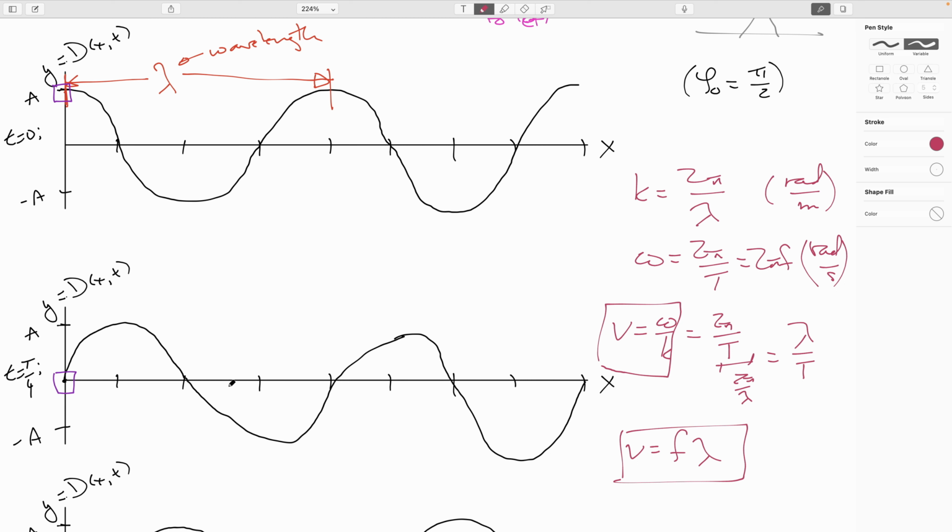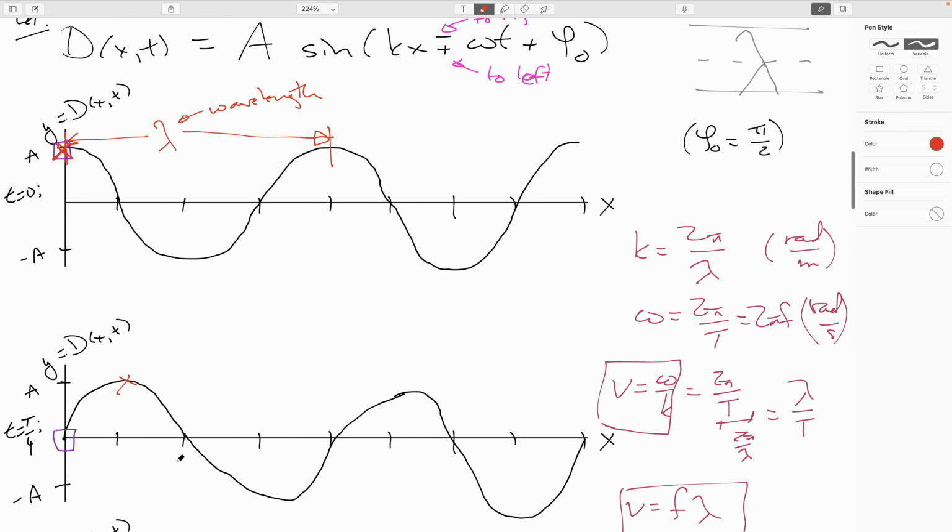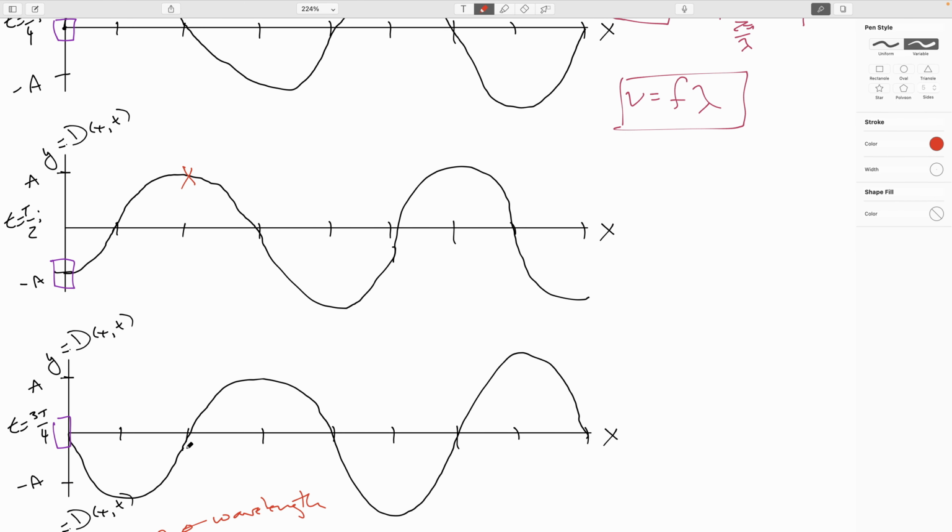And the way we can see this intuitively is if we watch over one period. Let's mark in red, I guess. Yeah, we'll use red. So I'm just marking my crest here with an X. In half a period, you can see that my crest moved half a wavelength.